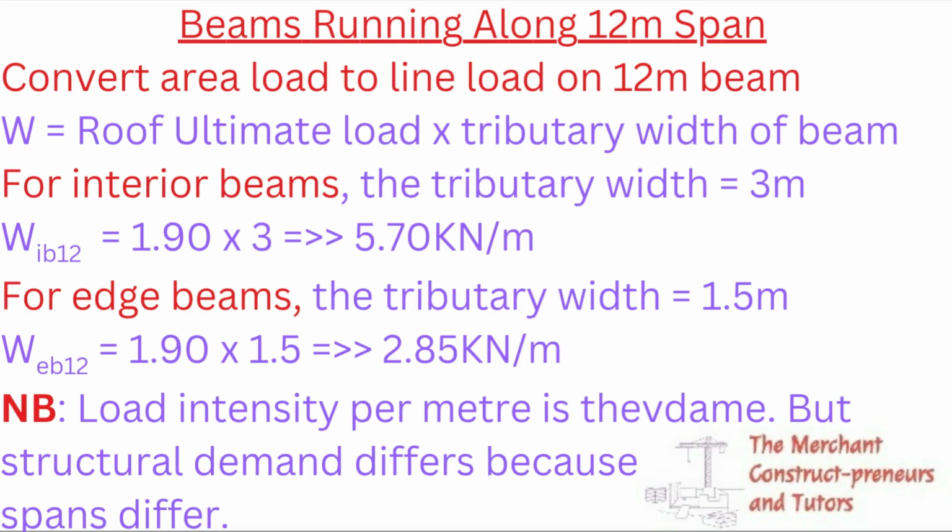So for the interior ones, half is coming to the beam, half is coming to the other beam. So 1.5, 1.5, we give it 3 meters. So for the interior beams, we have 5.70 kilonewton per meter. For the edge beams, it's only one part that is coming to the beams, so we have the tributary width as 1.5. So the load will now be 2.85 kilonewton per meter.